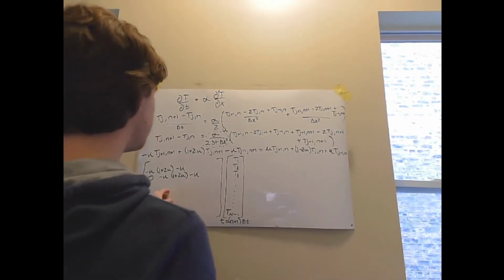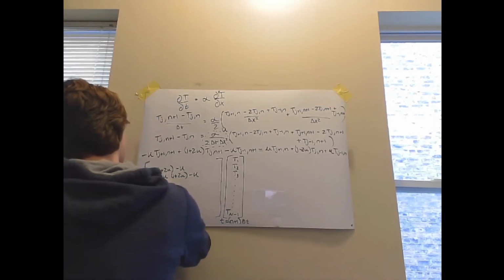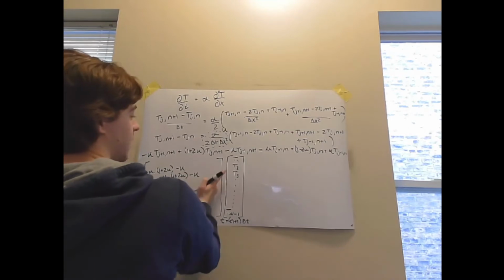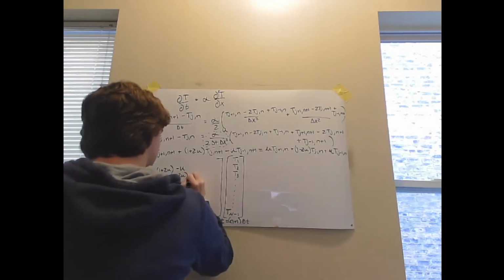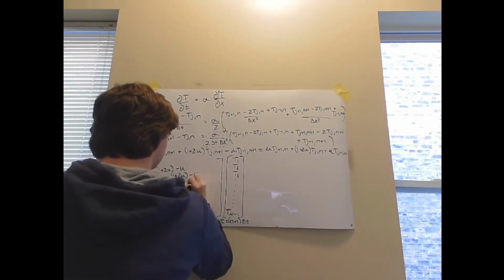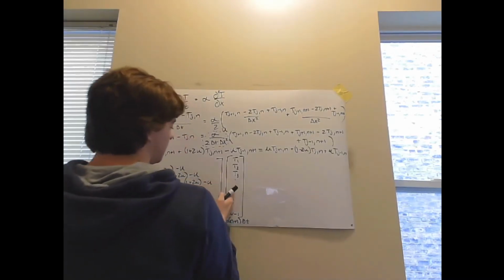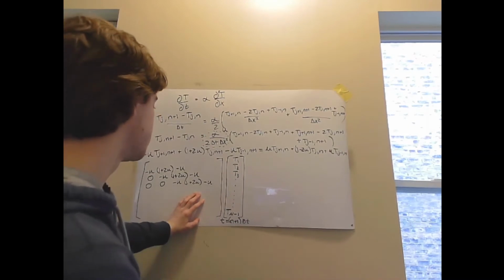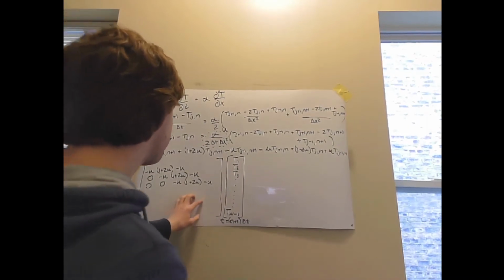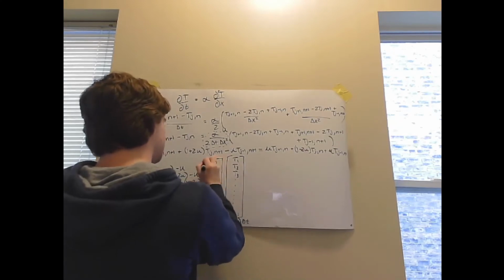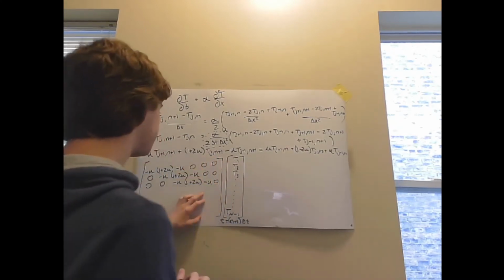And so I can keep writing these. If we write it for another line, we're going to have 2 zeros in the matrix, negative u times T3, 1 plus 2u times T of 4, and then negative u times T of 5, which would be the next temperature. And then, like I said, the rest of these are just filled with zeros.